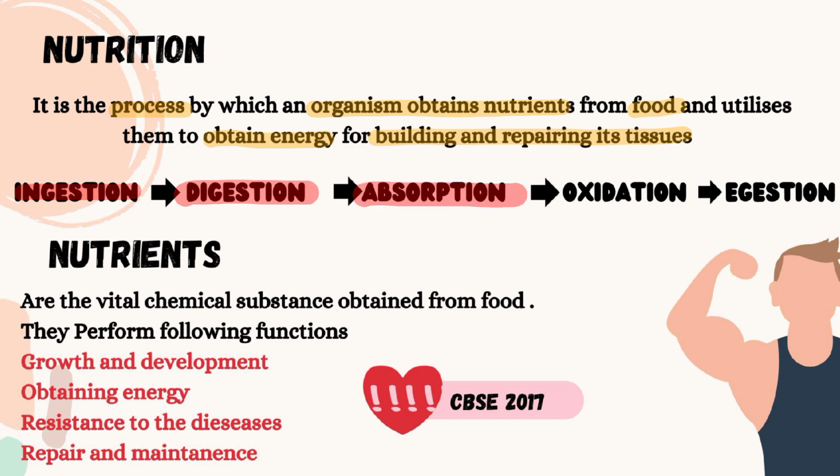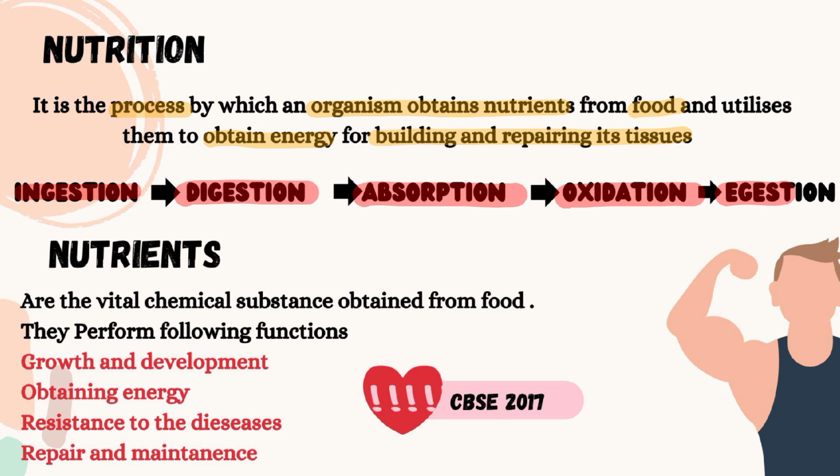This absorbed food is broken down or oxidized to release energy, and the unwanted undigested material from the food is passed out in the feces, which is called egestion. Ingestion is for intake of food, and egestion is for passing out the undigested food. It is a complex process which involves ingestion, digestion, absorption, oxidation, and egestion.